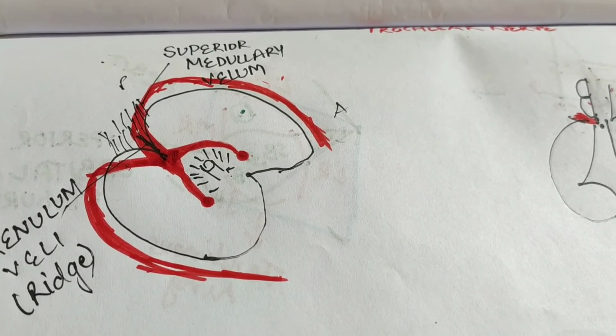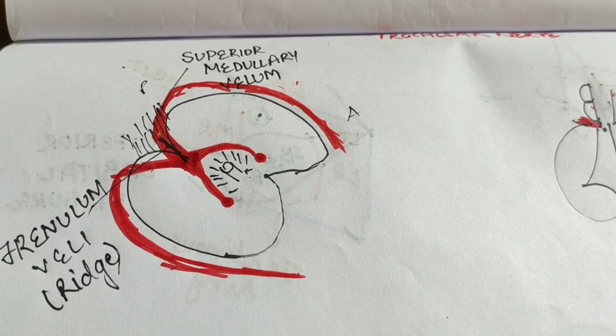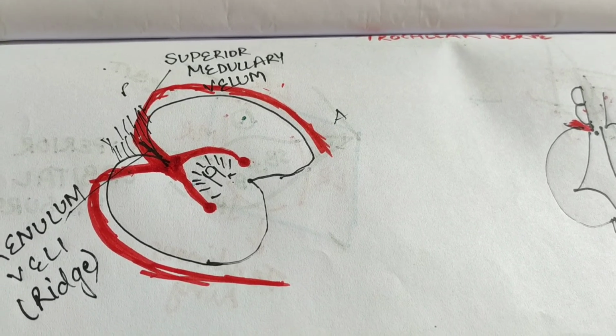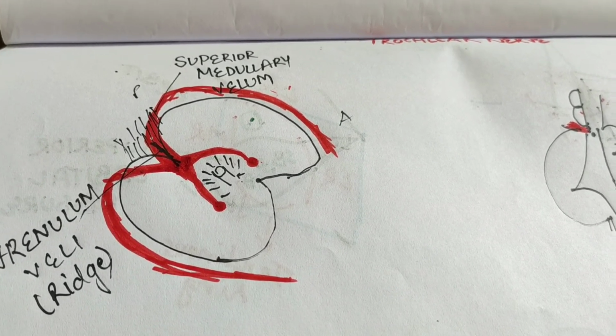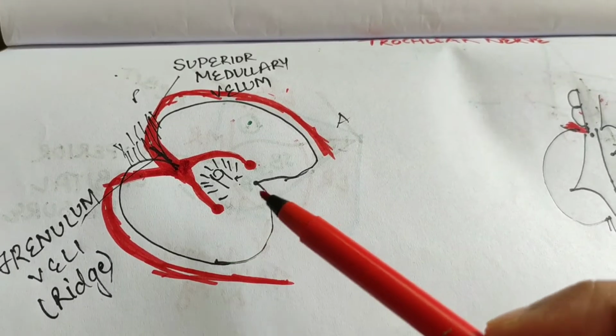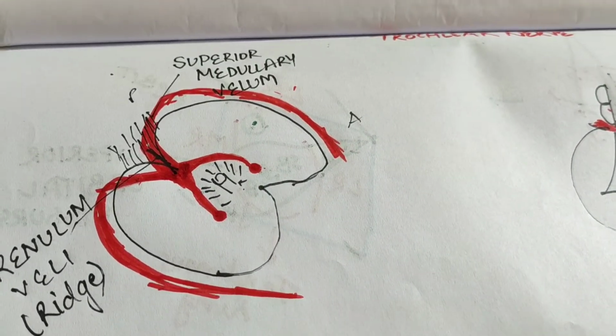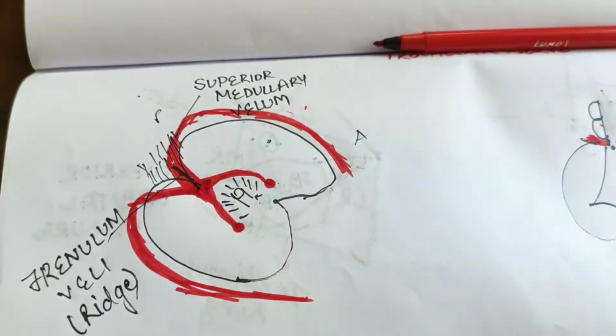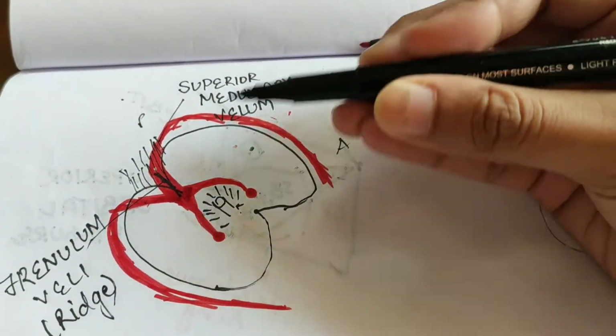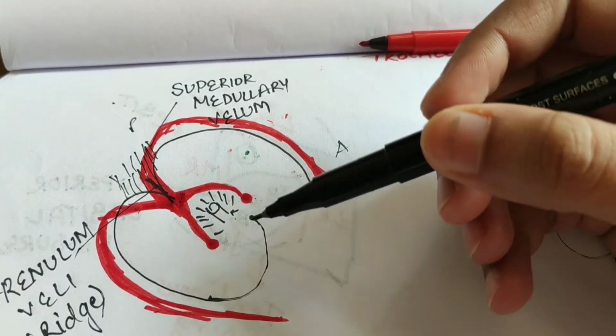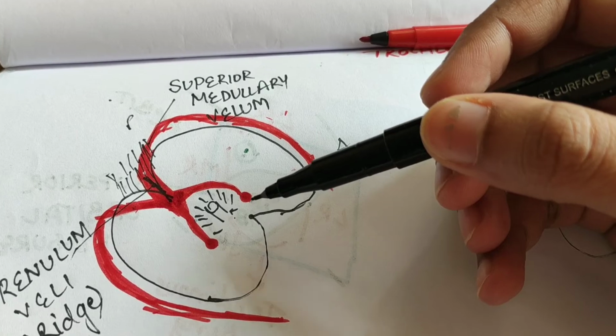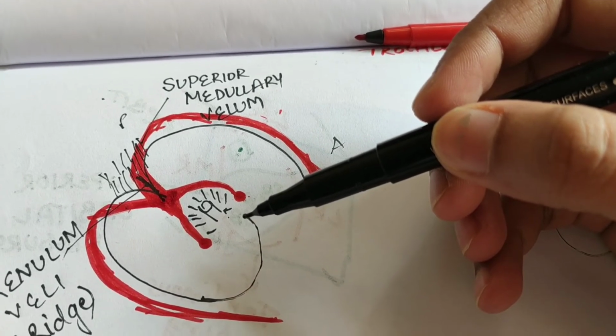One more feature of the trochlear nerve is that it has the least number of neurons. First, it emerges from the back; second, it has the least number of neurons; third, it supplies the contralateral superior oblique muscle.